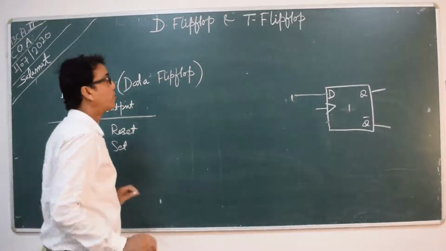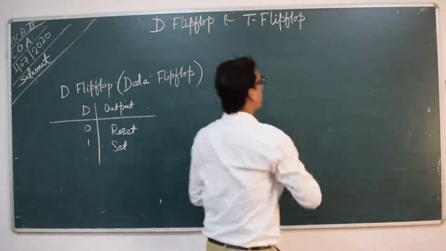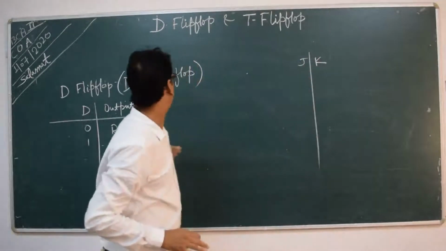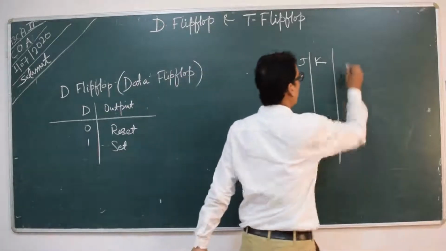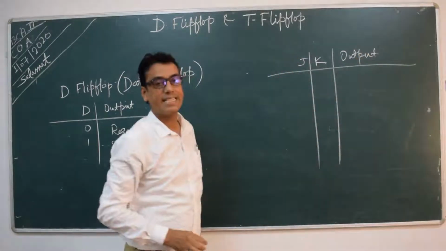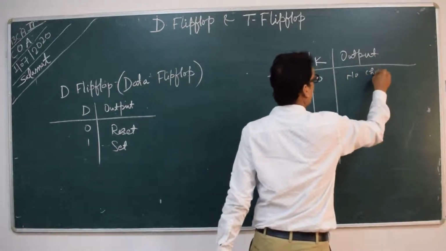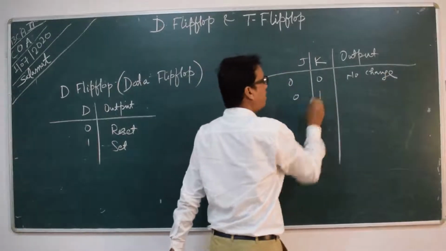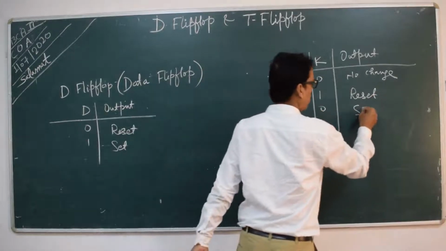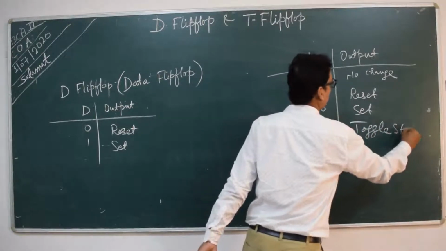See, I'd like to draw the truth table of JK, because D and T have to be compared with JK flip-flop, and we have output. What are the states of JK flip-flop? 0, 0, no change. 0, 1, reset. 1, 0, set. 1, 1, toggle state.